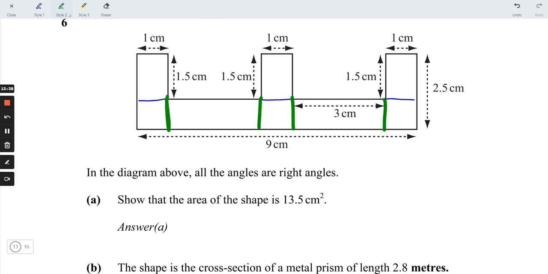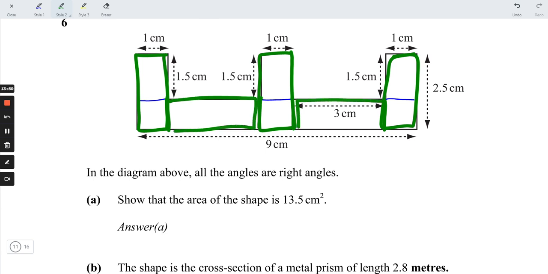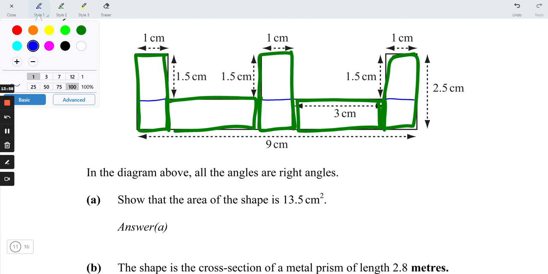Okay, so you can find the area for this rectangle, add it to this rectangle, and to this rectangle, and then find the area for these two rectangles here, add them up, and you should get 13.5. So let's do the green one here.